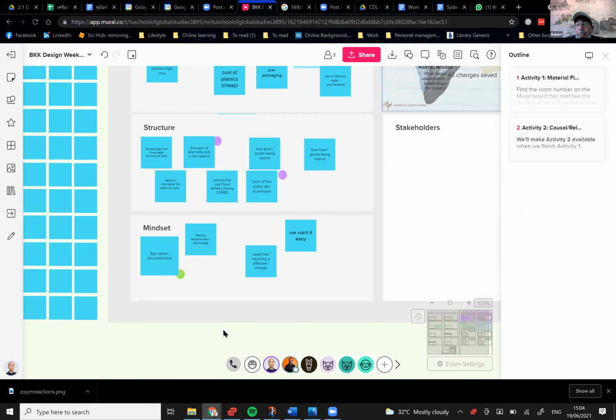It's a linear process. They don't have a circular mindset. And why is that? Because there's no product stewardship type of business mentality or policy. So it's an externality. Once I've sold my product, I have no responsibility for it anymore.